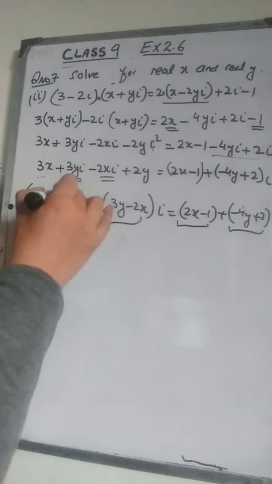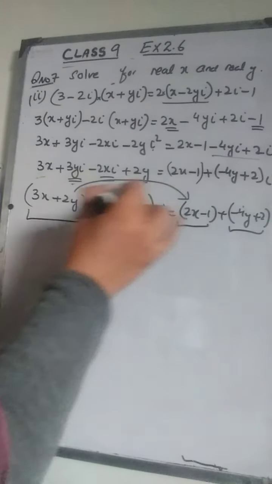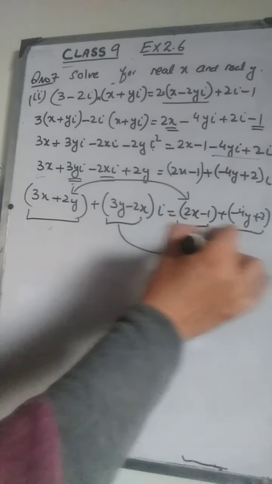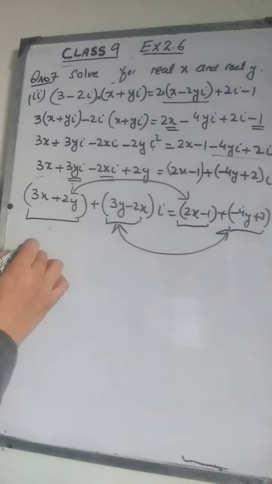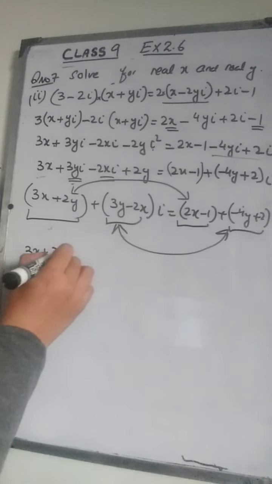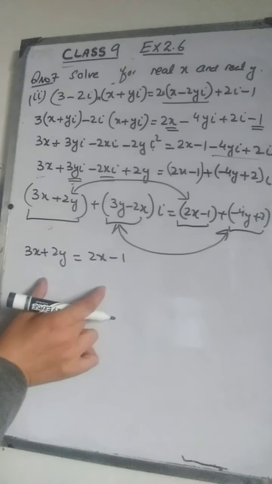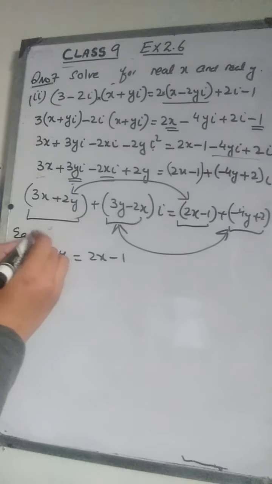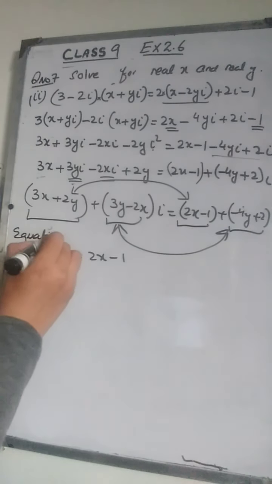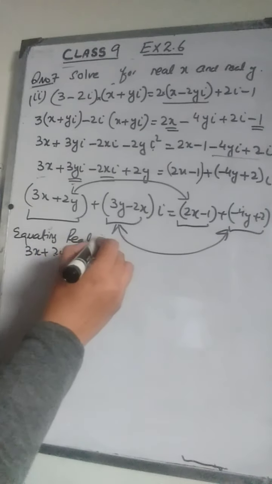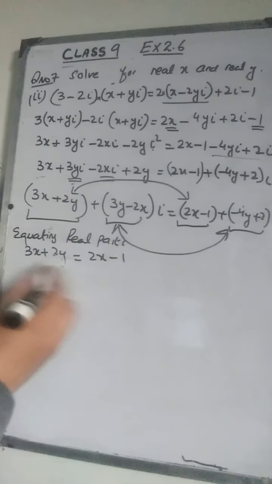So we are going to equate the real part and the imaginary part. It means 3x plus 2y will be equal to 2x minus 1. Equating real parts on both the sides, we get this equation.